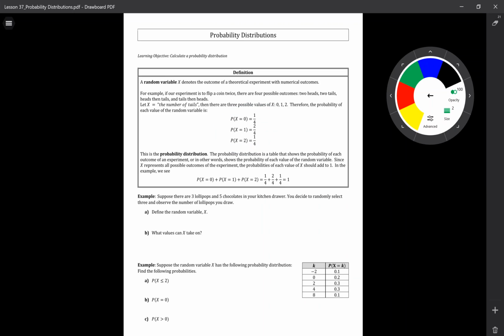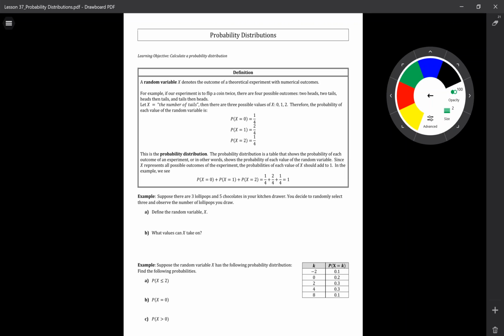The probability distribution is a table that shows the probability of each outcome of an experiment, or in other words, it shows the probability of each value of the random variable. Since x represents all possible outcomes of the experiment, the probabilities of each value of x should, and always will, add to 1.